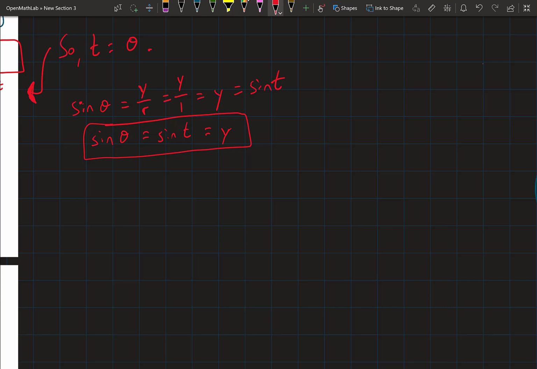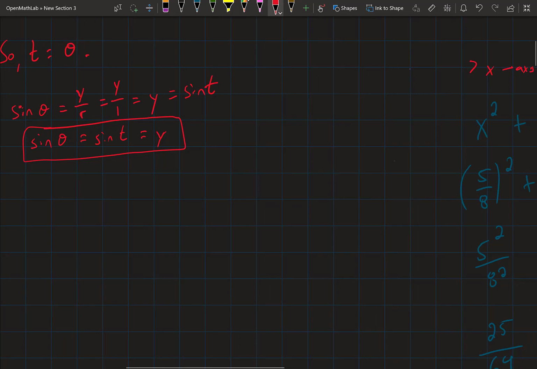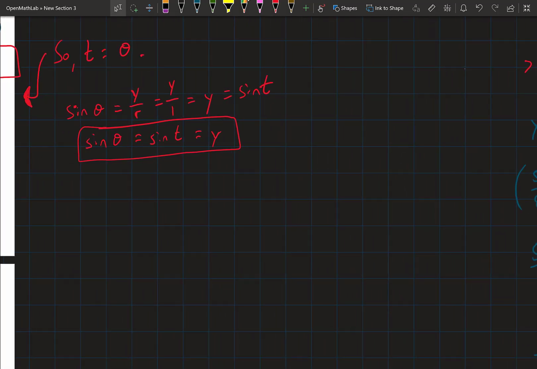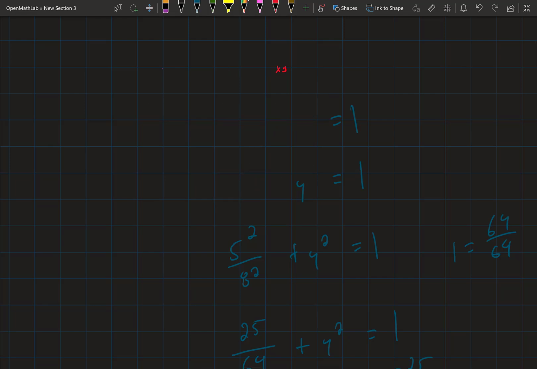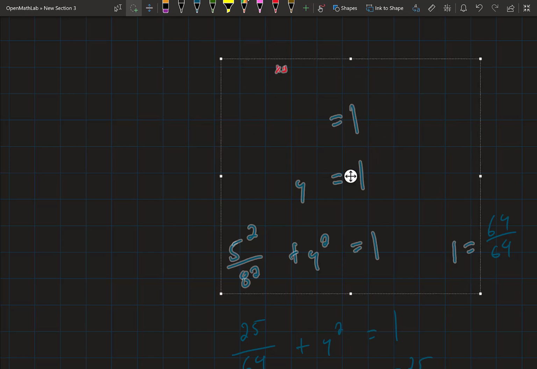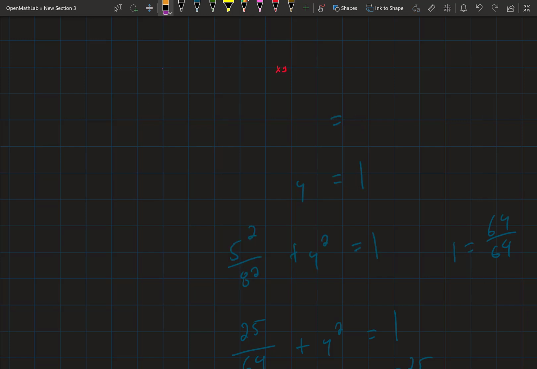And if you're having trouble visualizing how we came up with this part, I can show you here.